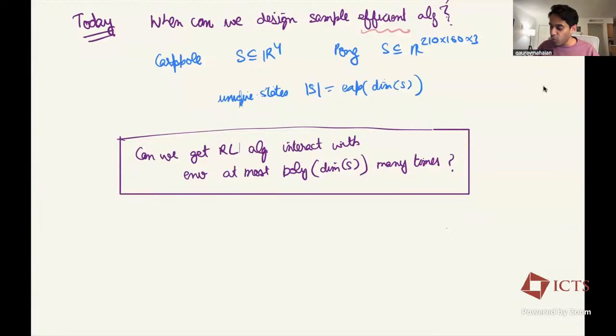The reasons we want this: it takes a lot of time to collect this much data. If it's exponential, it's going to be bad. So there's a time investment. Right now we're working with simulators, so getting one sample from a transition function or a reward function is almost free.